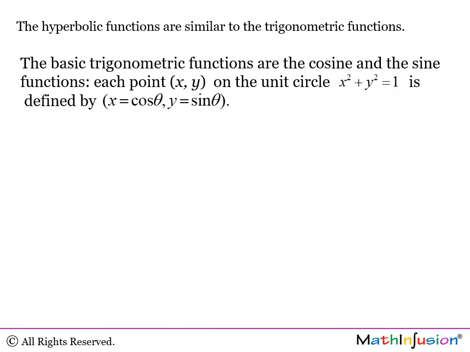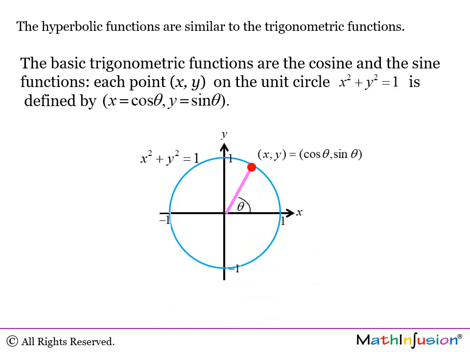Let's recall, the basic trigonometric functions are the cosine and the sine functions. Each point x, y on the unit circle x to the power of 2 plus y to the power of 2 equals 1 is defined by the x-coordinate being cosine theta and the y-coordinate being sine theta. Let's look at the picture.